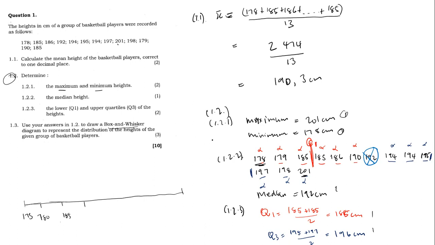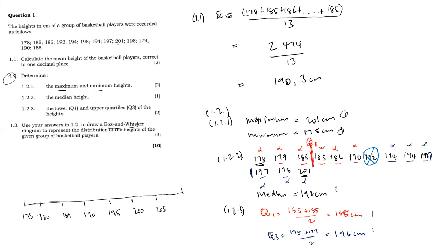Yeah, I'll use this because I'm using the 5-number summary. This will be perfect, okay? 175, 180, 185, 190, 195, 200, and 205, because our maximum in this case is 201.